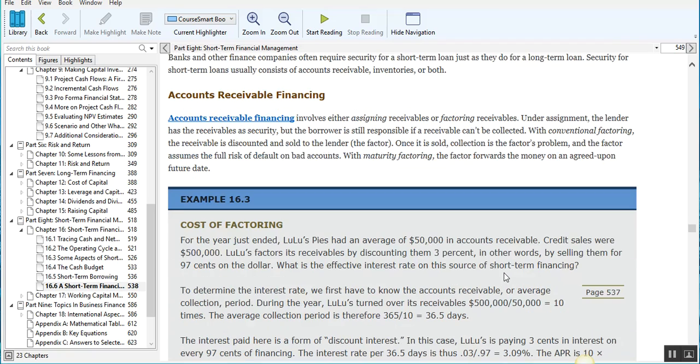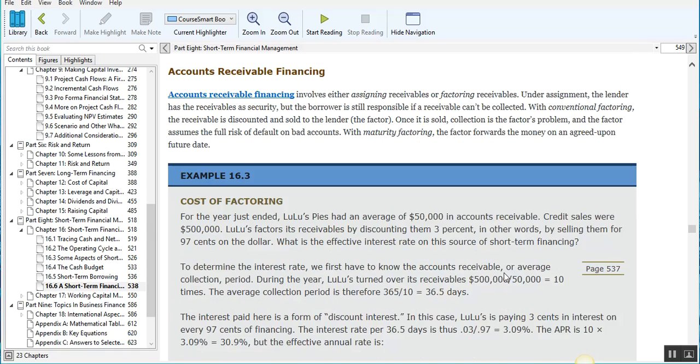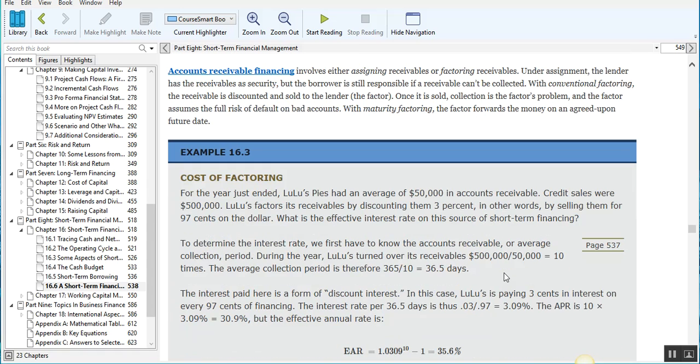Accounts receivable financing, you can actually take receivables and assign them and receive payment for them, or factor them. Under an assignment, you're borrowing money on your receivables, and the lender you're getting the money from has the receivables as security. But you, who are borrowing the money, are still responsible if a receivable can't be collected.